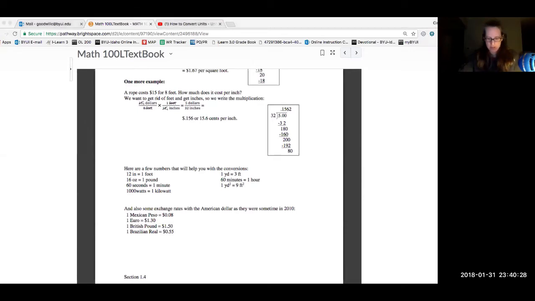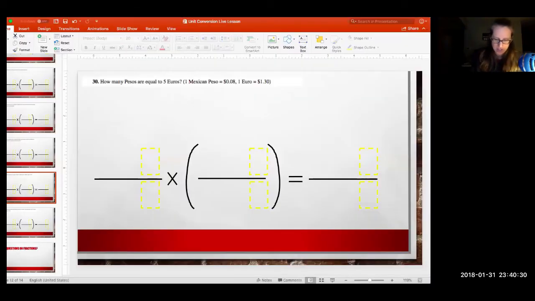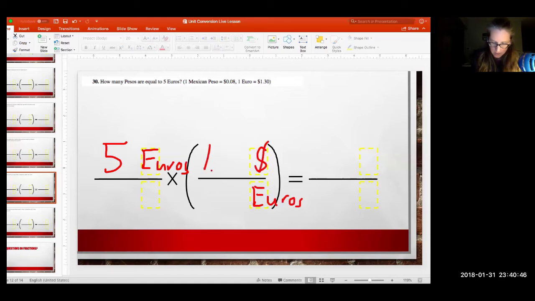There we go. Of course, now we lost everything that we did. Okay, let's go back. So let's put this back in. We had €5. And we put this in as euros, dollars. $1.30 for €1.